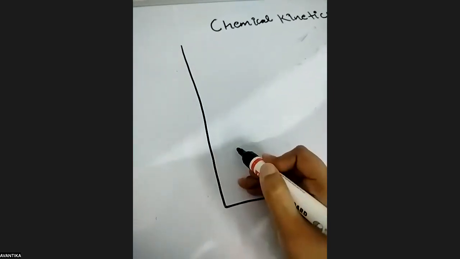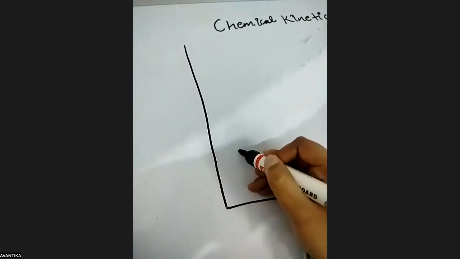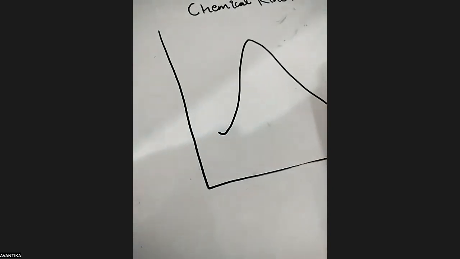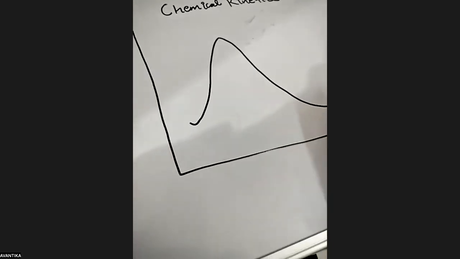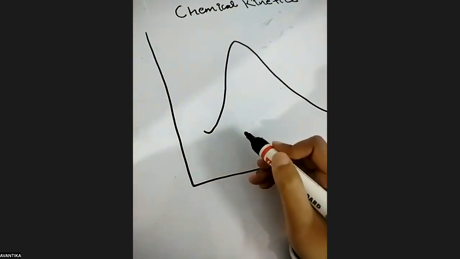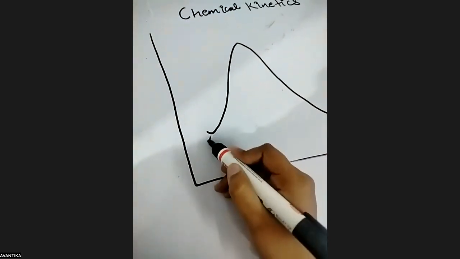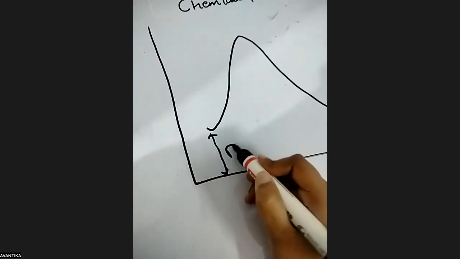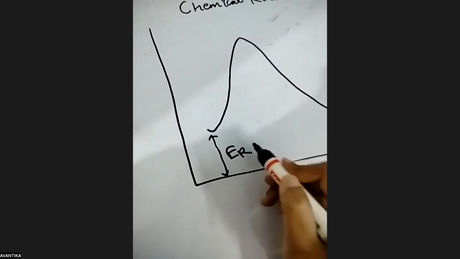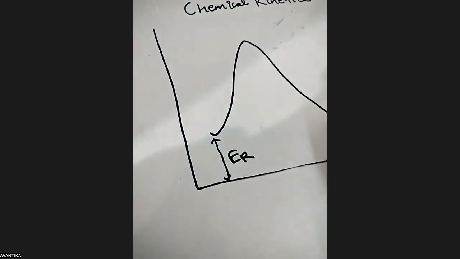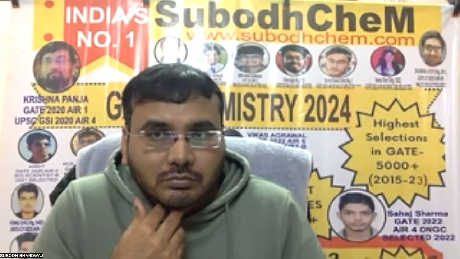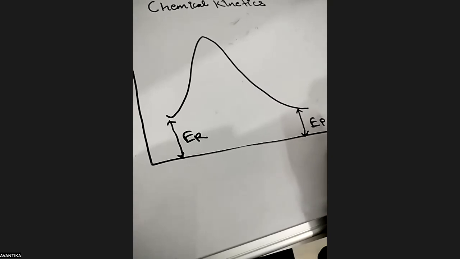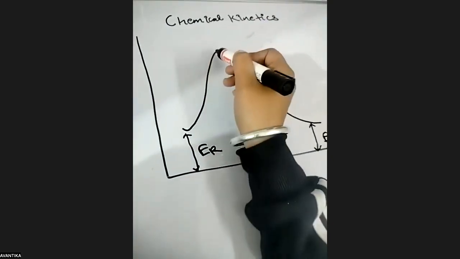Sir, if we draw the graph of an exothermic reaction, this is the energy of reactants, this is the energy of products, and this is the threshold energy.